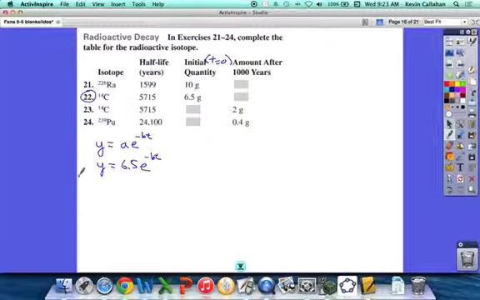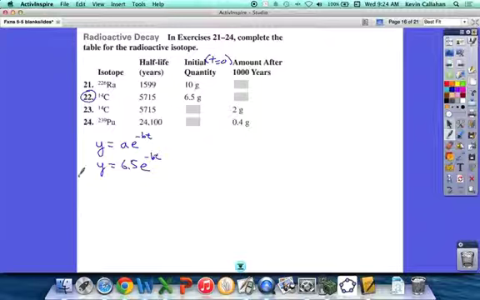It's the amount of time it takes for the initial quantity to become half of what it was, right? So if you start with 6.5, after 5,715 years, you'll have half of that, 3.25. That's what a half-life is. So it allows you to plug in for 2 quantities, right? The y and the t. So the only thing you won't know is the b.